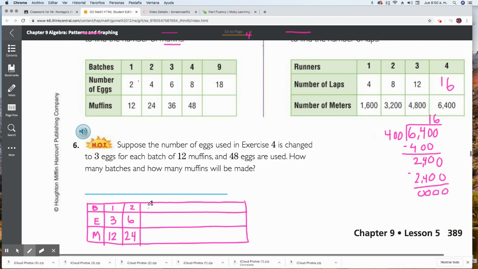Now on the third batch of muffins, I use 9 eggs. I'm adding 3, remember. 9 eggs. What's 9 times 4? 36.